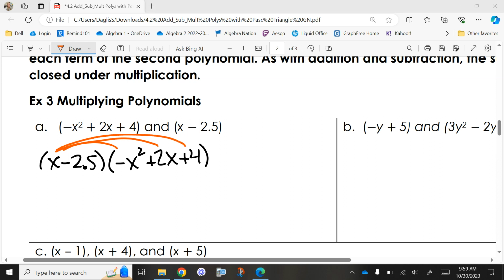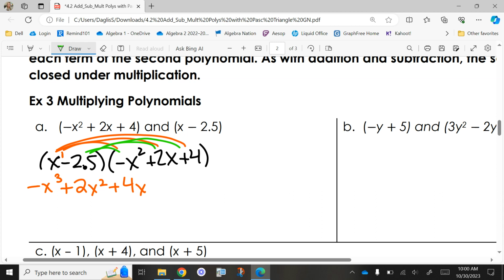So this gives me negative x to the power of 3. Remember law of exponents, we get to add. There's technically a power of 1 right here. Then we have plus 2x squared and plus 4x. Do it again, but now distribute with negative 2.5.